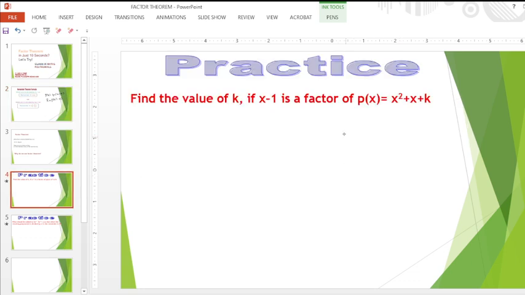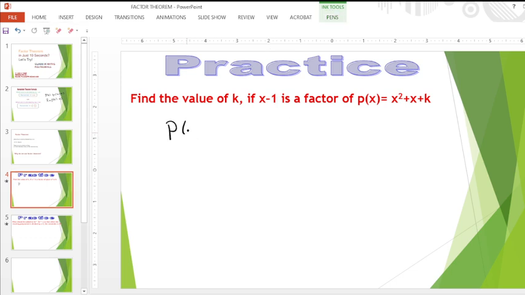Let's see this example. Find the value of k if x minus 1 is a factor of p(x) = x square plus x plus k. Okay, this is a polynomial and it is given that x minus 1 is a factor of p(x). So we will see first the factor theorem. What is the factor theorem?